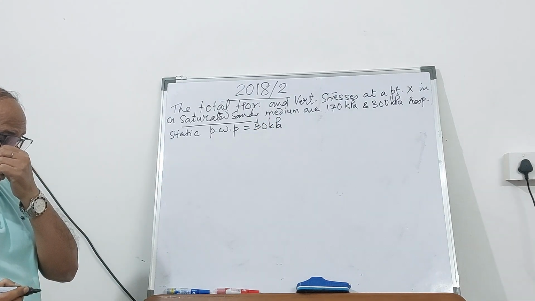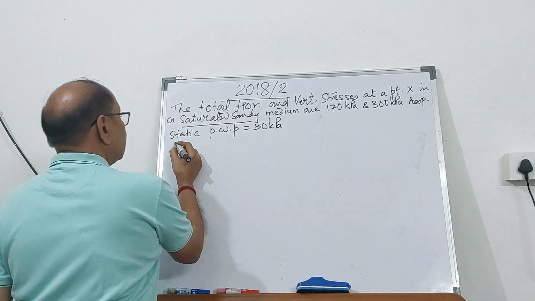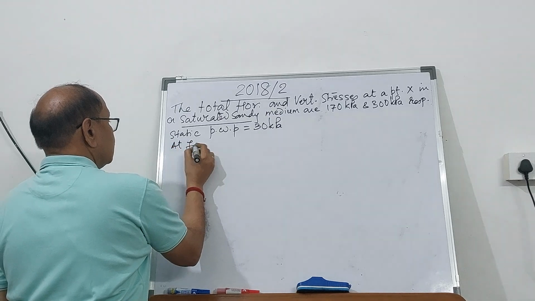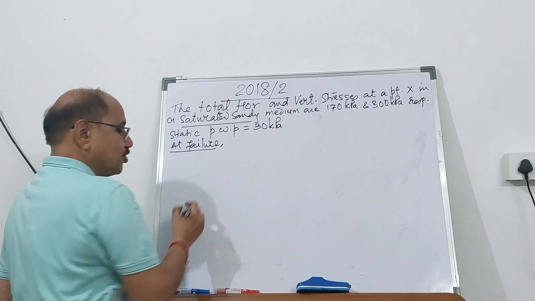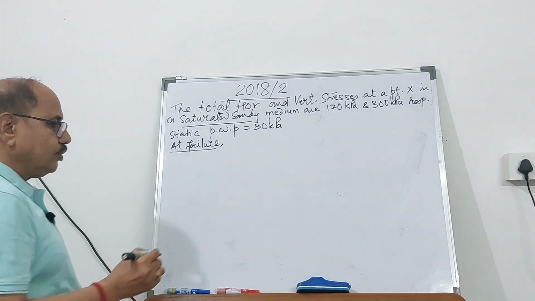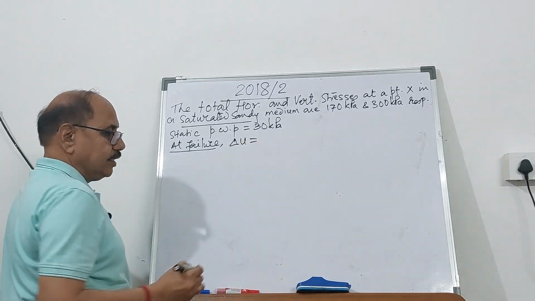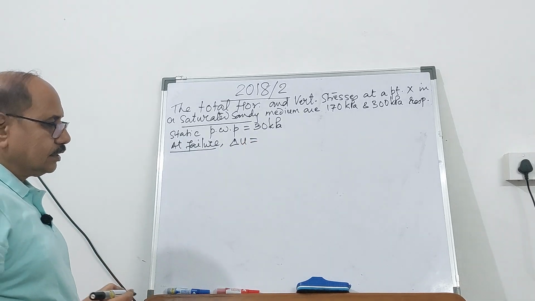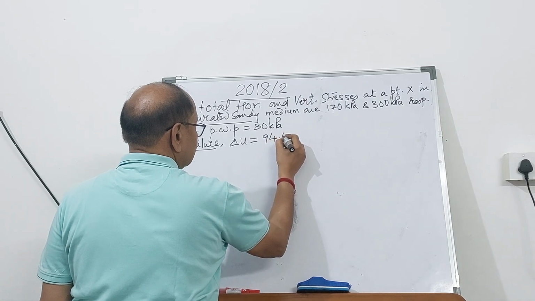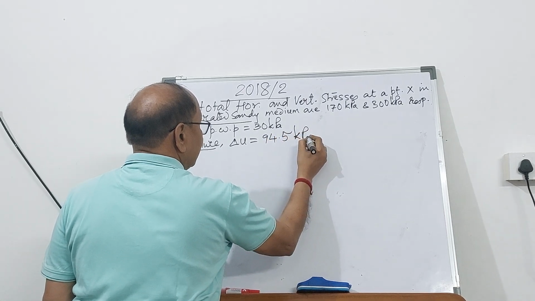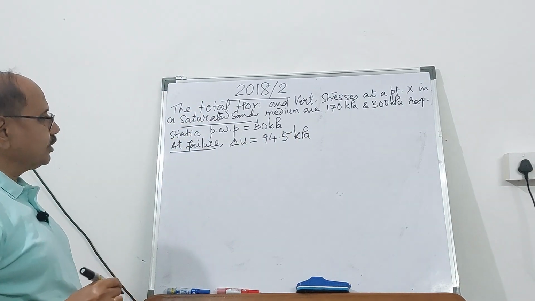And after application of the load at failure, when it is subjected to stresses, the increase in pore water pressure, delta U, is 94.5 kilopascal. Naturally, it is after application of stresses.